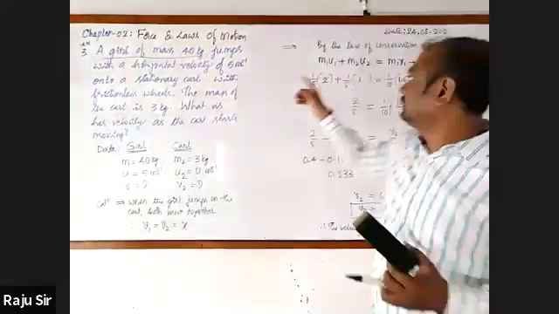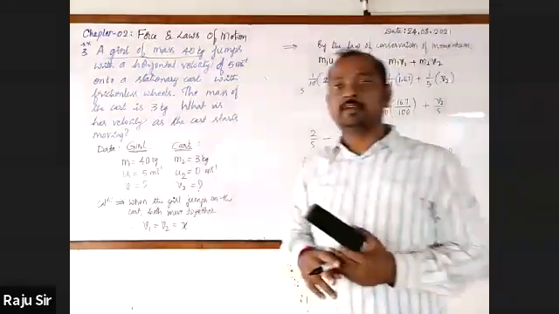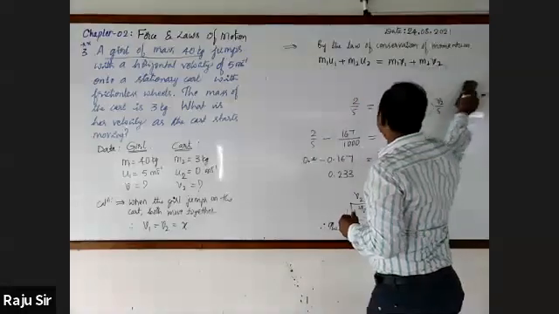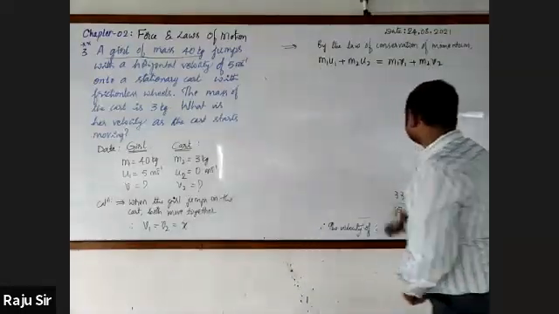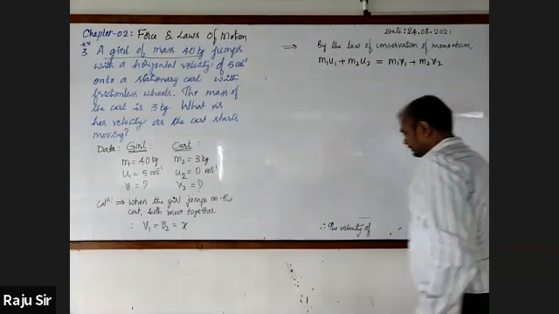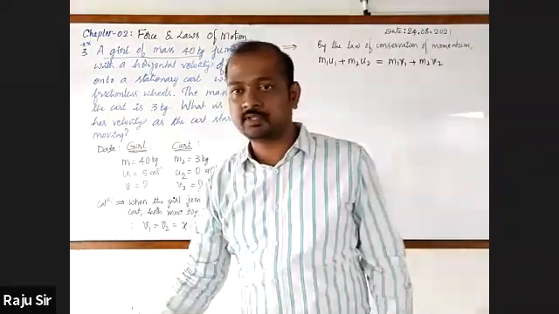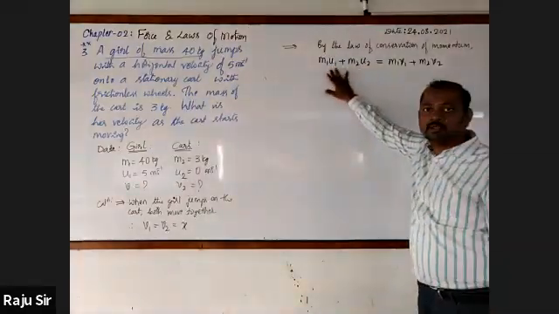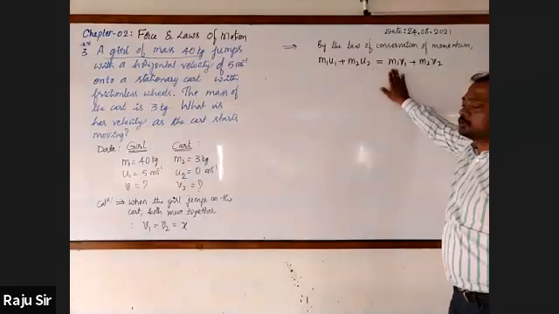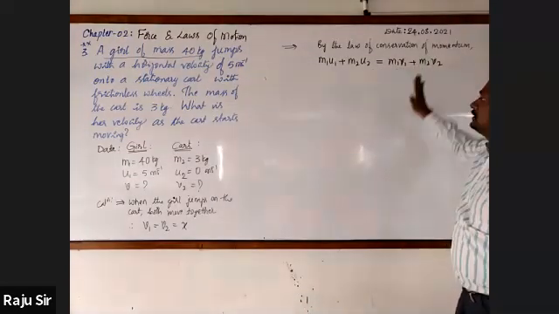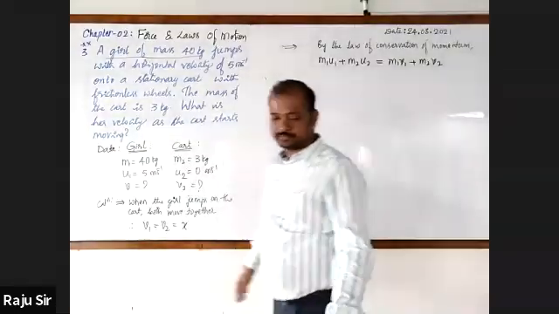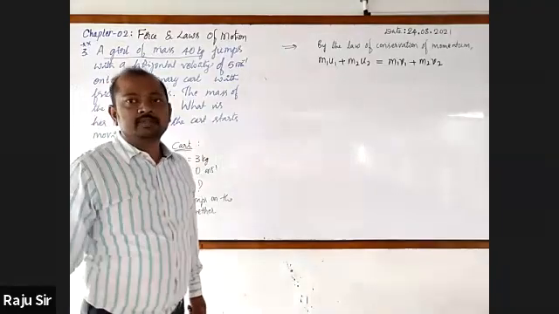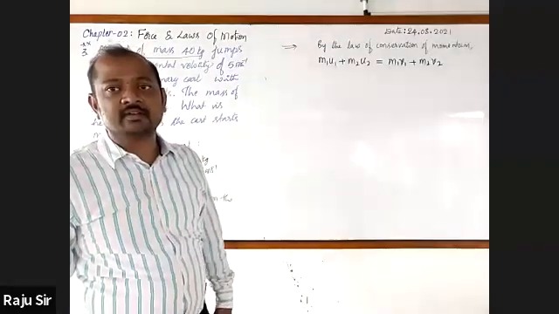Now, by the law of conservation of momentum, M1U1 plus M2U2 equals M1V1 plus M2V2. Vijay, have you written?